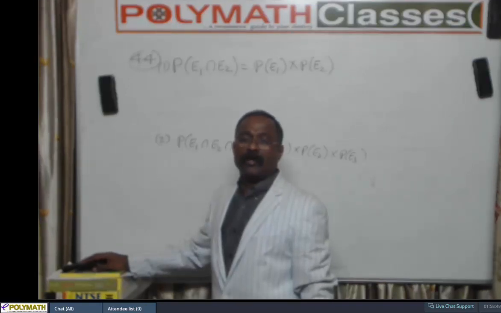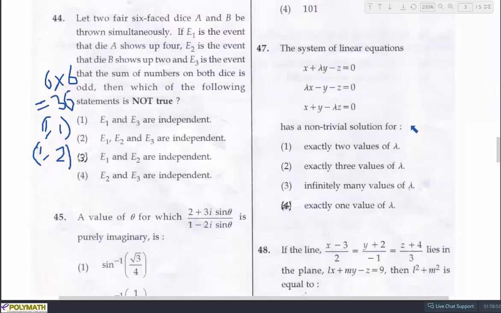The first one is E1 and E3. The second one is E1, E2, E3. So E1 and E3 are independent. You have to check. How to do that?